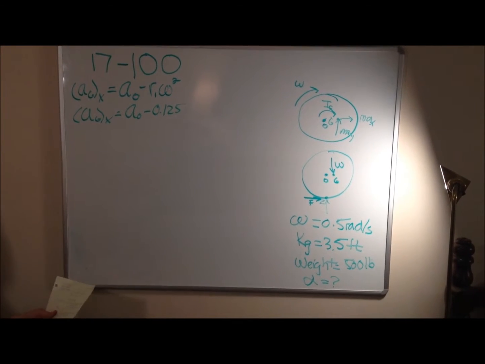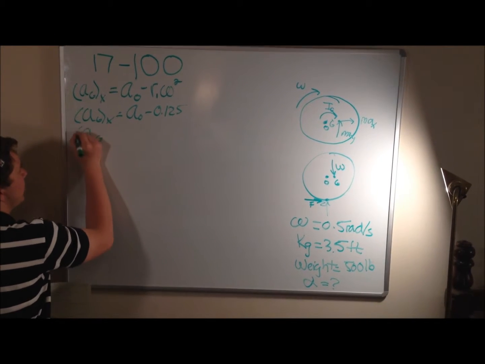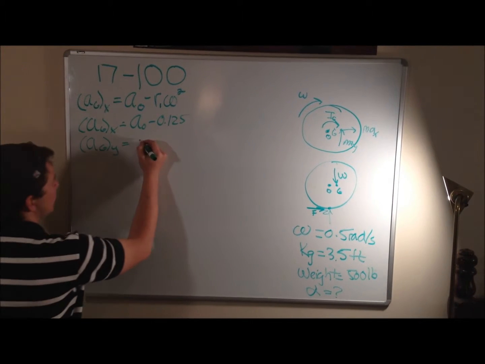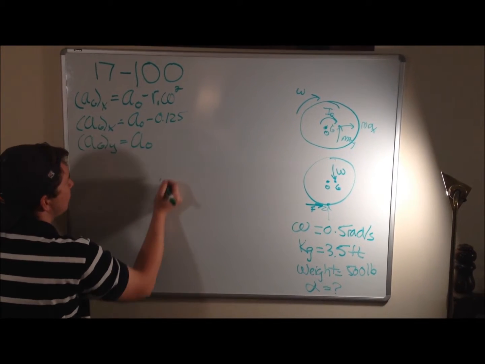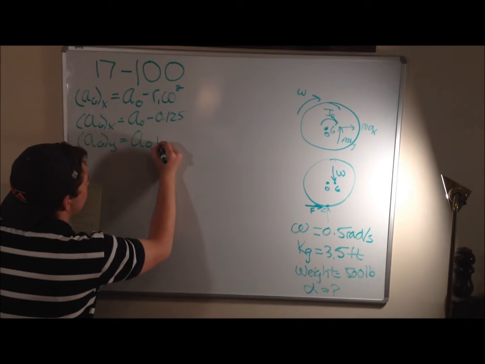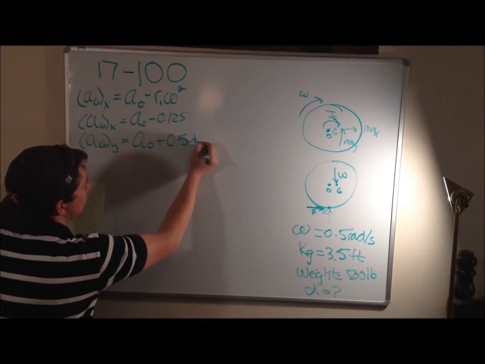Okay, so now we're going to turn our focus to the y direction. So we're going to have the acceleration of point G in the y direction, and that's going to be equal to A_O plus 0.5 alpha.